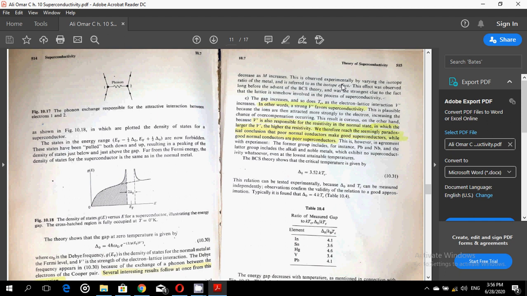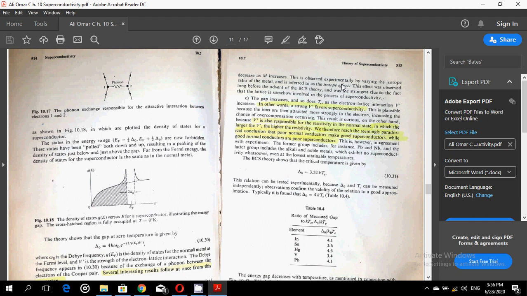The BCS theory shows that the critical temperature is given by delta naught equal to 3.52 kTc. This relation can be tested experimentally because delta naught and Tc can be measured independently. Observations confirm the validity of this relation to a good approximation.